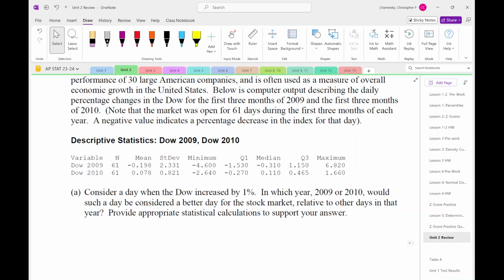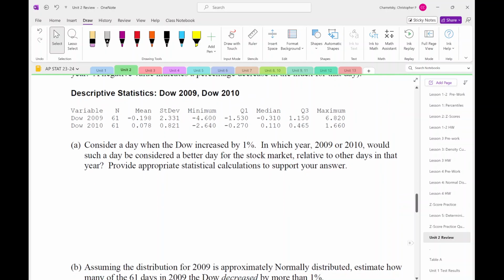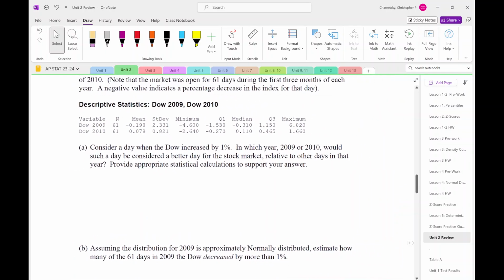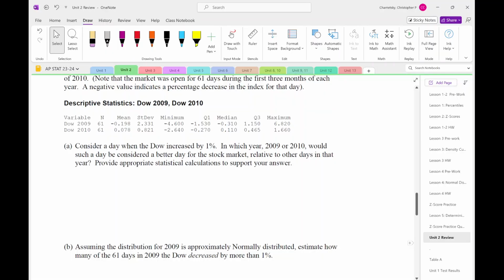So, consider a day when the Dow increased by 1%. In which year, 2009 or 2010, would such a day be considered a better day for the stock market relative to the other days? Not like raw score, like how much better in the economy, but relative to that particular year.